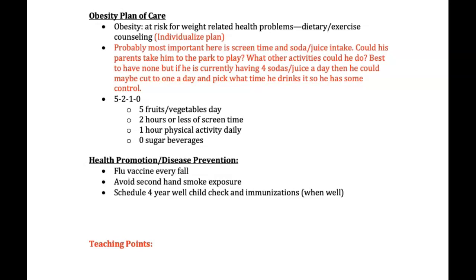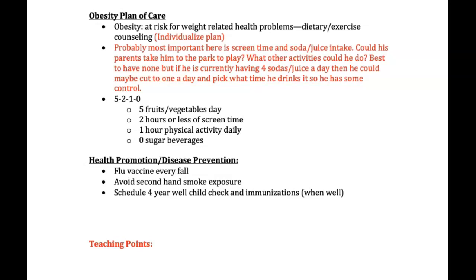Could his parents take him to the park and play? What other activities could he do? It's best to have none, but if he's currently drinking about 4 sodas or juices a day, then we could maybe cut to 1 a day. That way he can pick one thing that he likes to drink and feel like he still has some control.